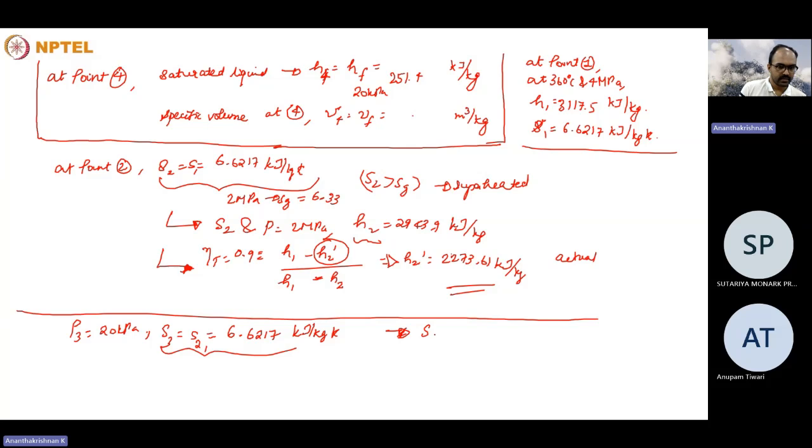So S3 will be equal to Sf plus X3 into Sfg corresponding to 20 kilopascal. So this quantity is 0.832 and this quantity is 7.075. So once we get that, the value of X3 will be equal to 0.818.